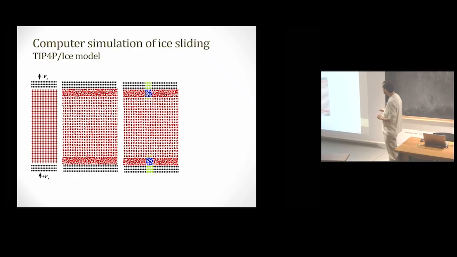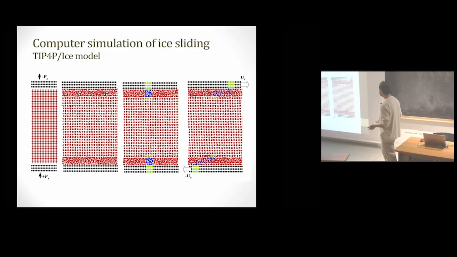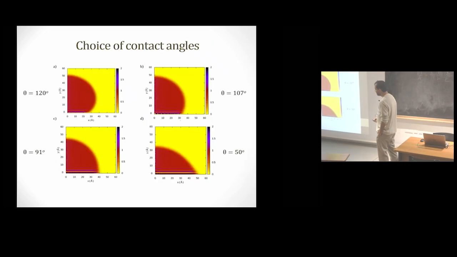In orange, I'm coloring the ice molecules in the center. And then I will shear this system. That is, I'm going to translate my wall. So that's a sliding experiment. Okay? And eventually, from the color, I will be able to tell a little bit what is going on. Of course, I will analyze that quantitatively afterwards. But just to explain the nature of my experiments.